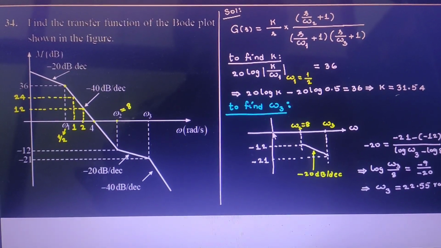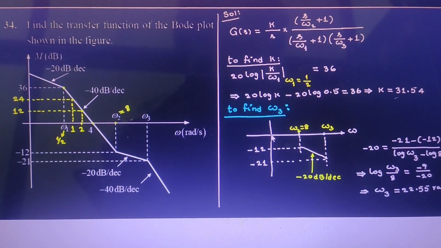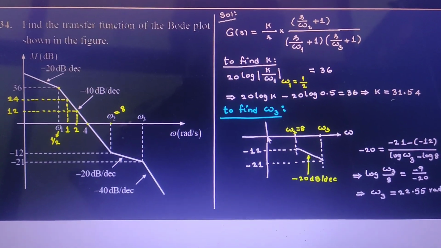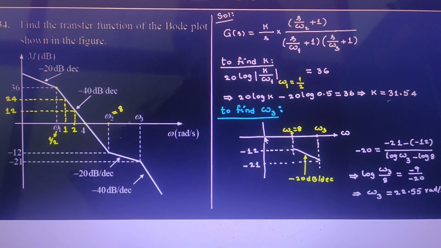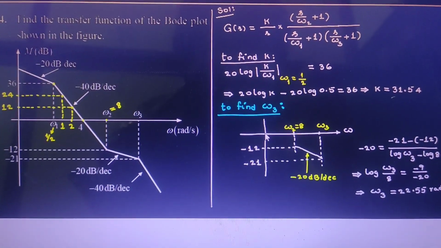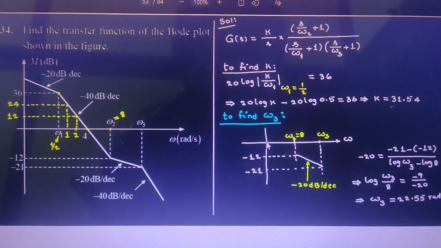See, initially the slope is minus 20 dB per decade, which means minus 6 dB per octave. Minus 40 dB per decade is equal to minus 12 dB per octave.